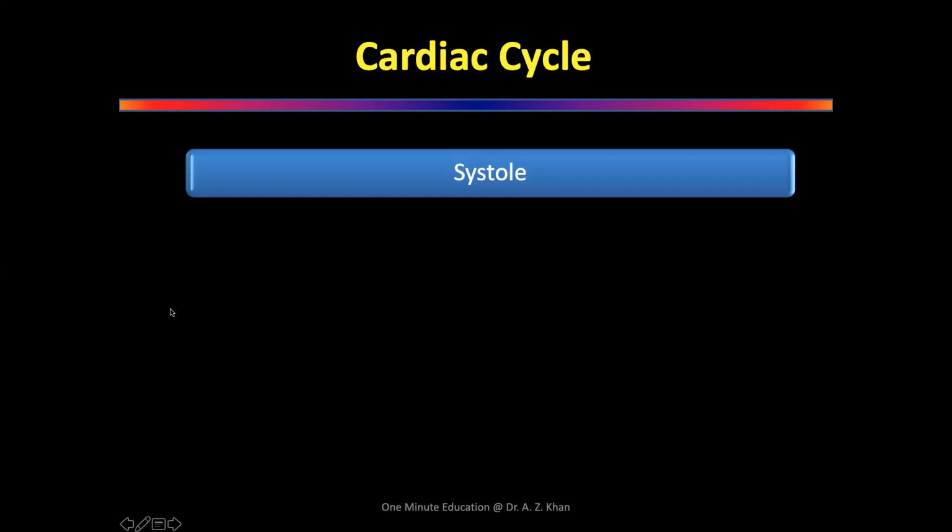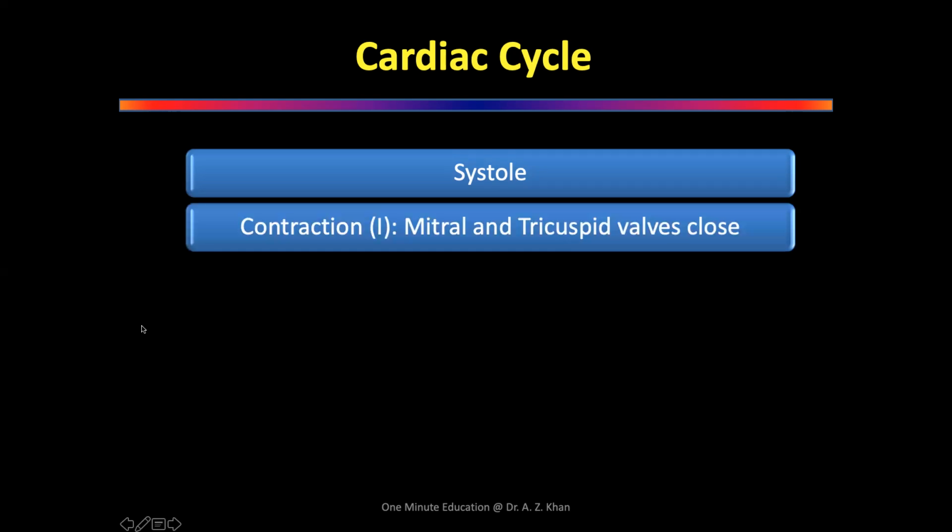What about the tricuspid in contraction? The AV valves are closed and the semilunar valves are open. So mitral and tricuspid are closed. This is the ejection phase. So what happens in early ejection?